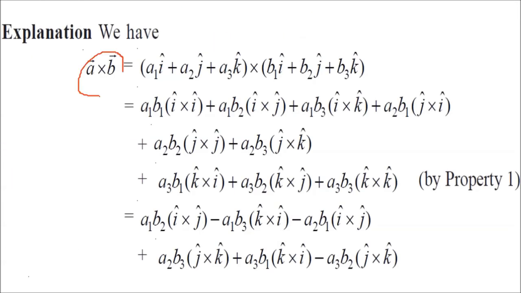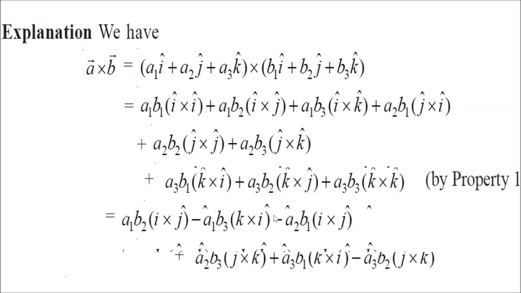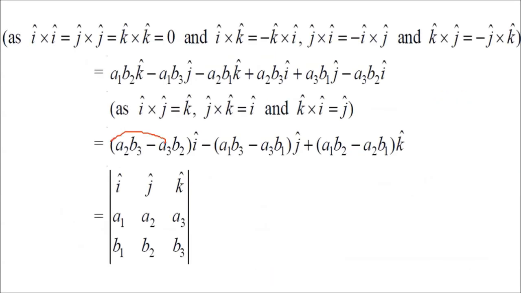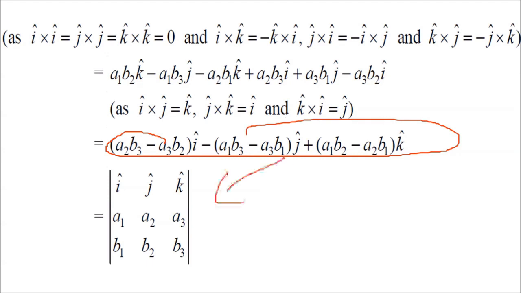When you cross it, you will get I cross I, and you will get ij, jk like this. Just put in the values we have seen, and you will simply get this as the result. I hope it is clear how we got to this a cross b: we just took the cross product, and this is the result.